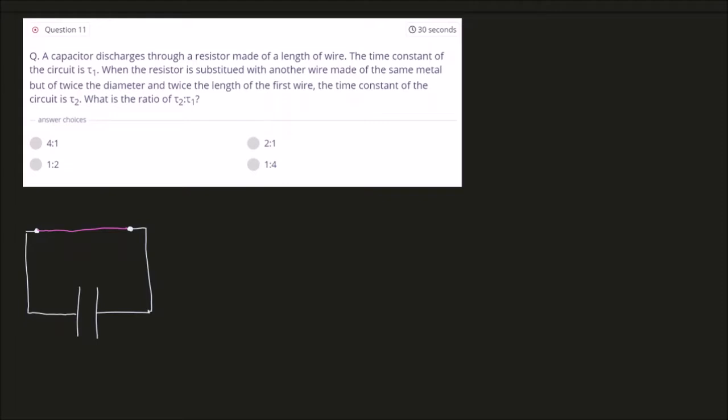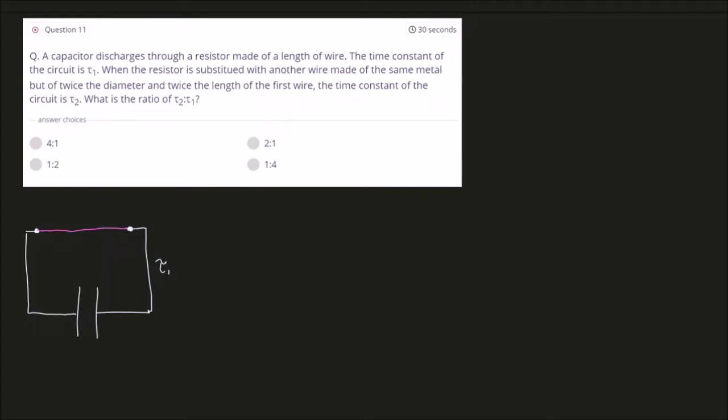And they say that the time constant of this circuit right now is tau 1. Okay, so it takes tau 1 amount of time to reach 1 over e of its initial charge. Okay, that's the definition of time constant. When the resistor is substituted with another wire made of the same metal but of twice the diameter and twice the length of the first wire.